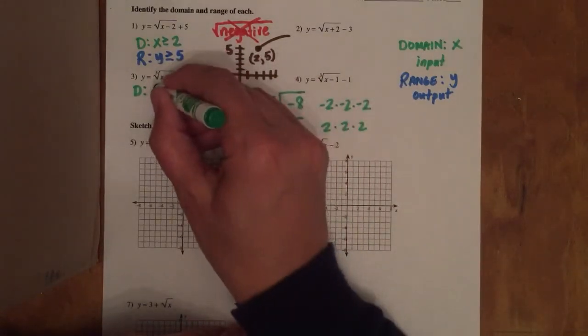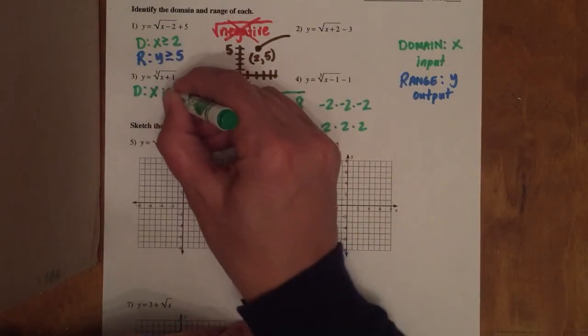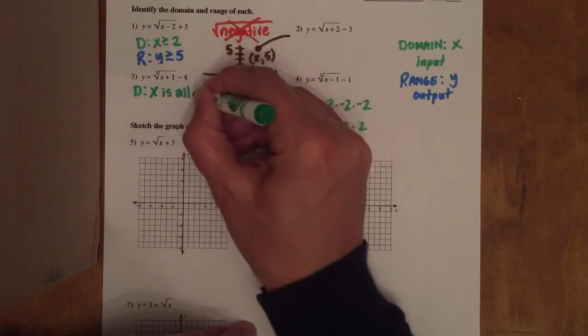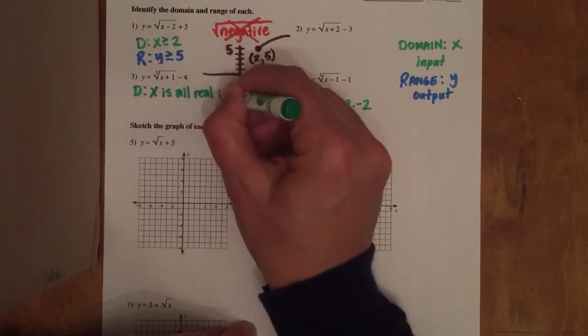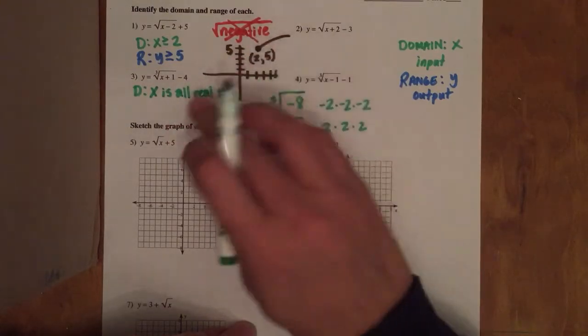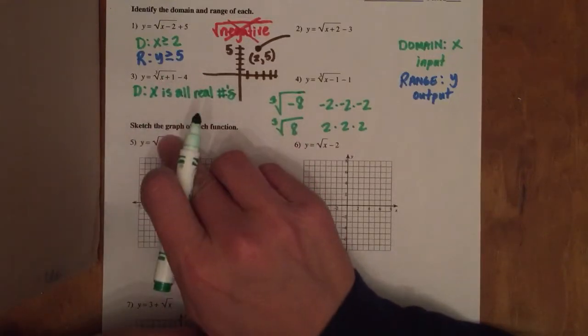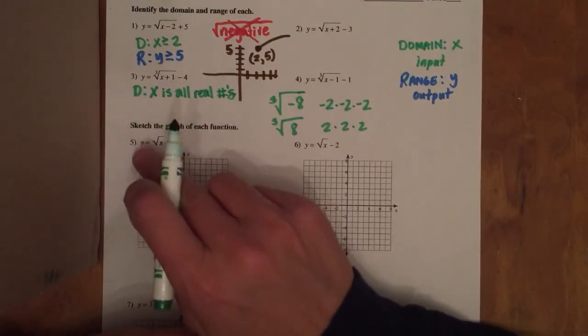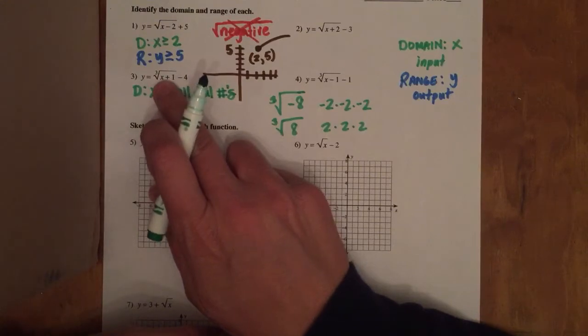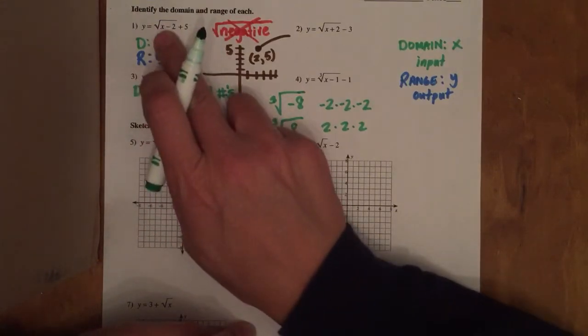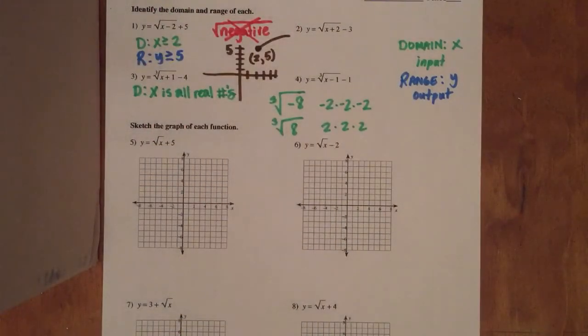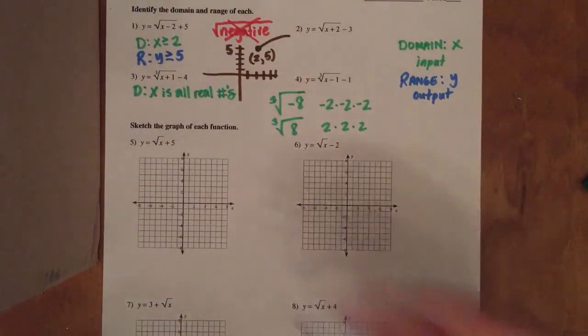So my domain is x is all real numbers, because I can input anything I want for x in a cube root, because I can take the cube root of positives or negatives. It's not restricted like the square root. So let's look at the range.